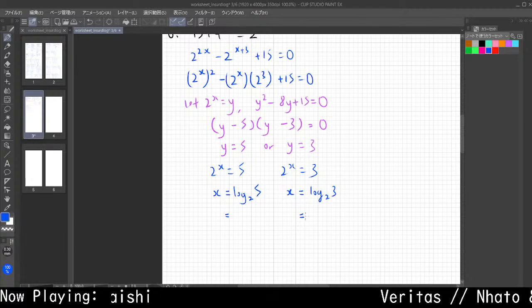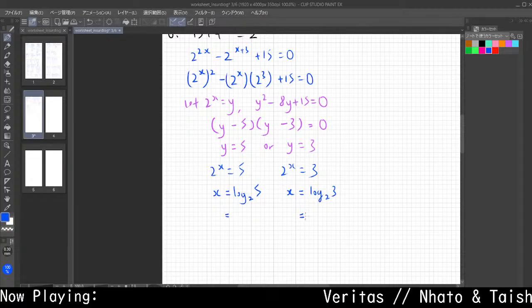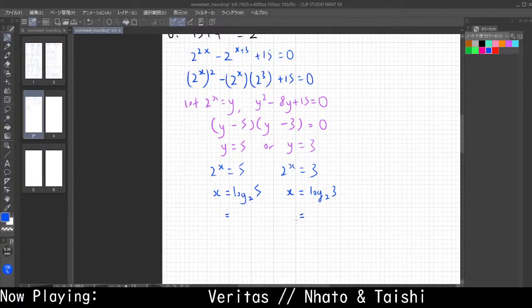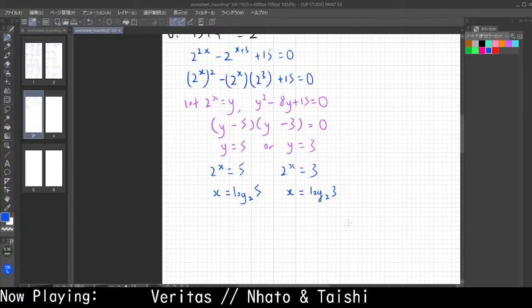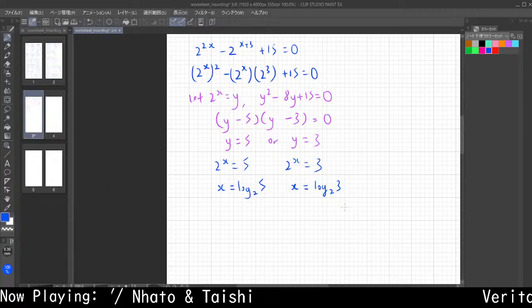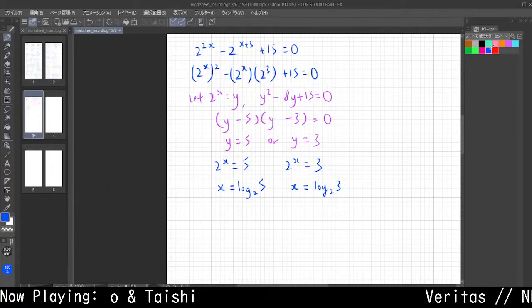But wait, before that, we don't. Why? Because it wants us to find the value of alpha plus beta, which means it wants us to find the sum of the two roots.